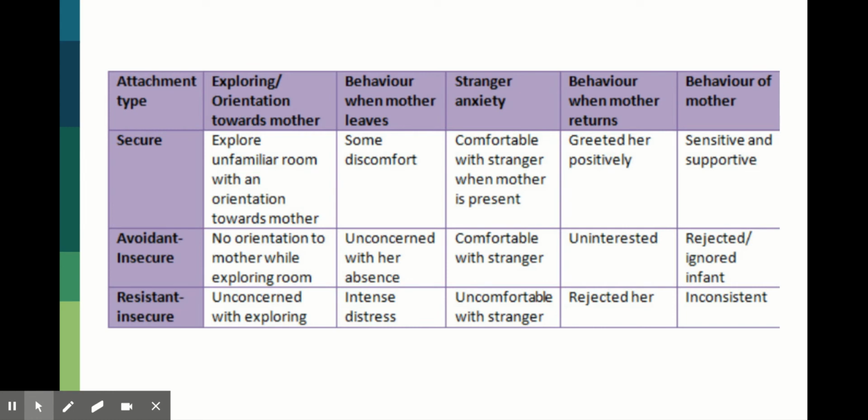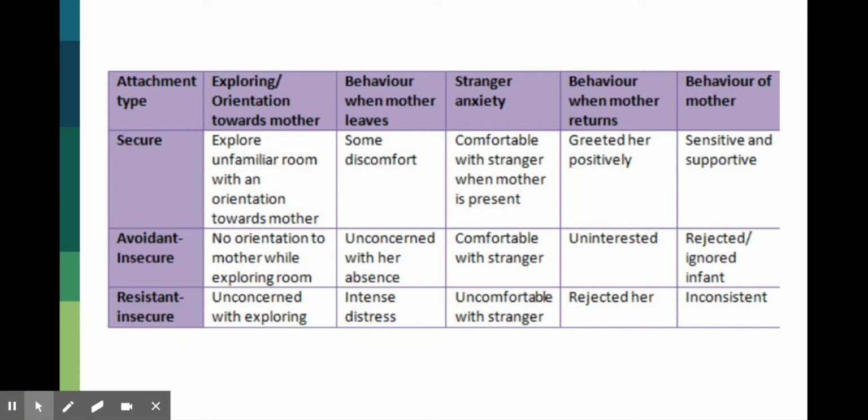So you can see here the various types of attachment. It is highly unlikely that you will have to go super specific in terms of what you need to know. What I would focus on is this idea of secure attachment and what that looks like. And then knowing that there are other types of attachment, either avoidant insecure or resistant insecure, where the child didn't want to explore, where they were either unconcerned with the absence or were really distressed when mom left.